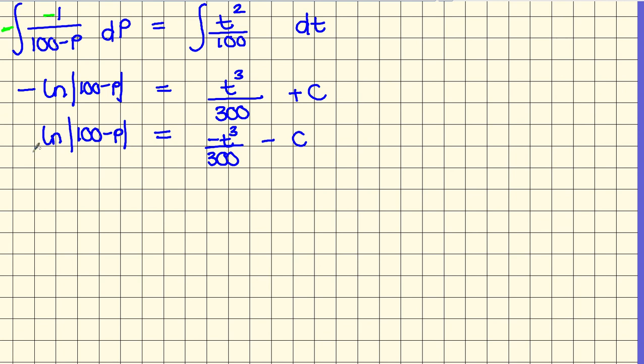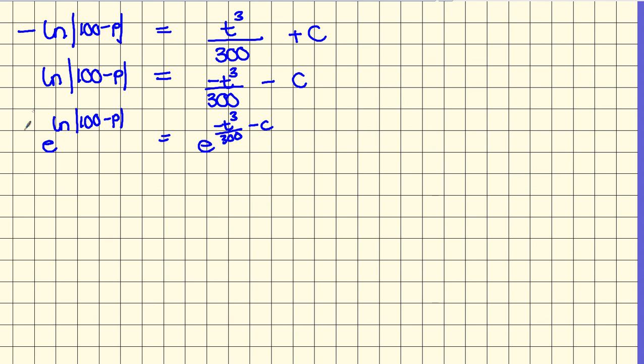Now you can take your exponentials on both sides, because you've got nothing in front of the ln. So take e's on both sides. Again, you should start to recognise this. E and ln cancel.